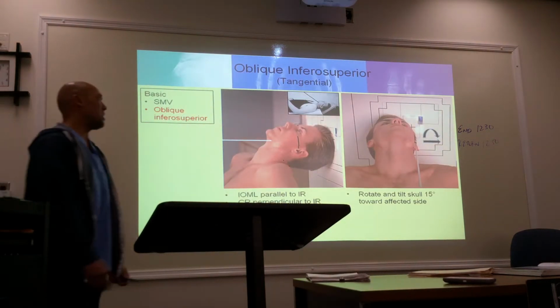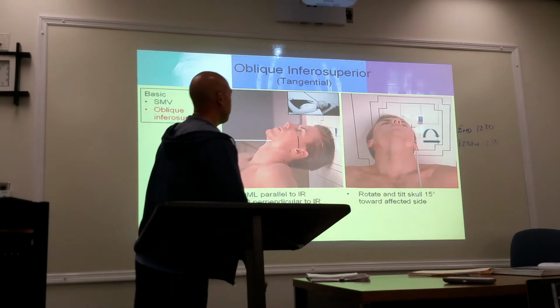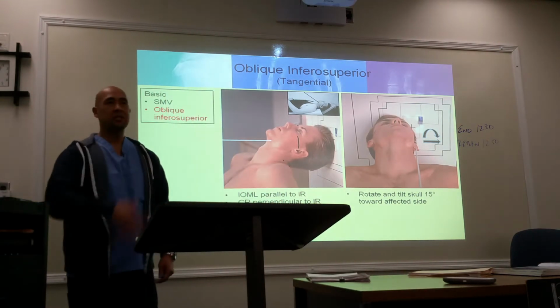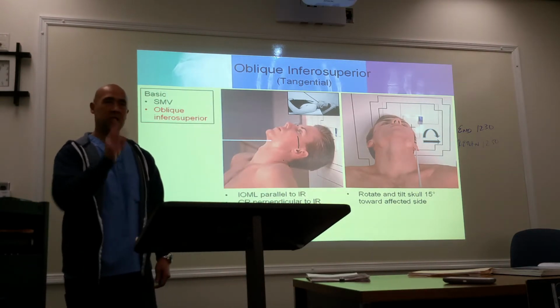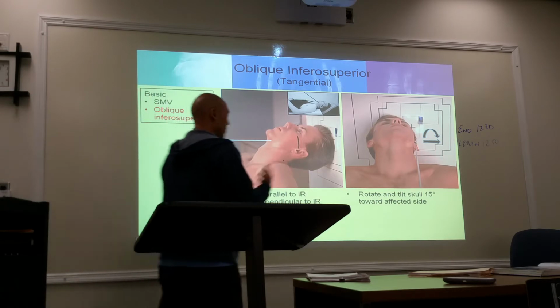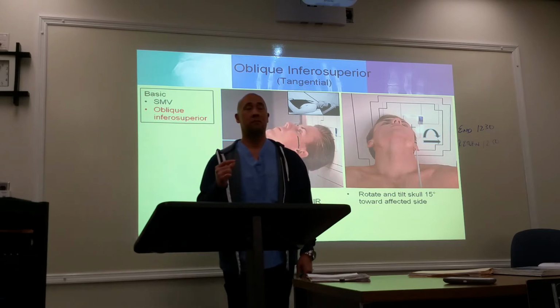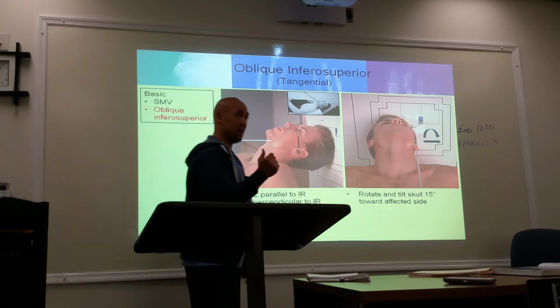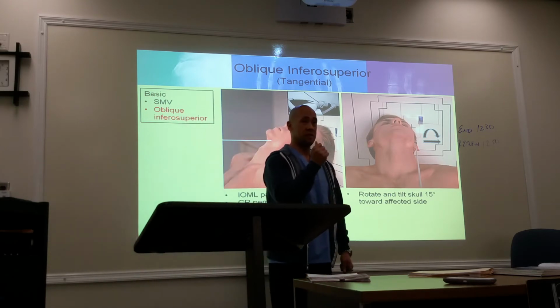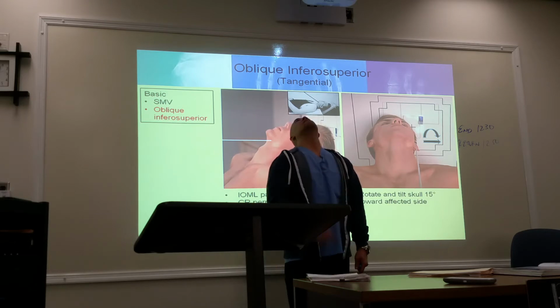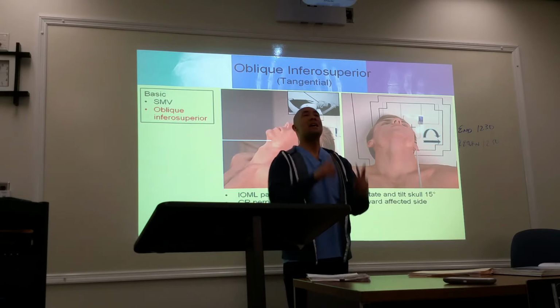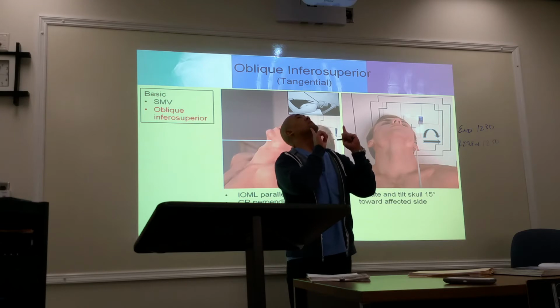Next one here is the oblique infrasuperior. Just like the SMV, but we're going to do a couple of things here. From an SMV, with the head tilted all the way back, you're going to rotate your head 15 degrees, and then you're going to tilt it 15 degrees.